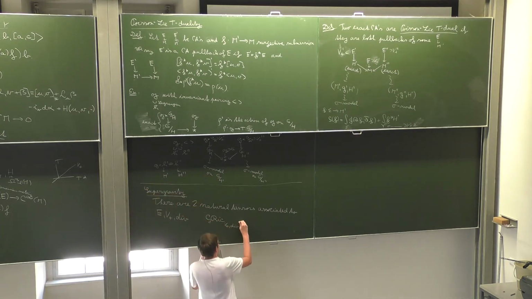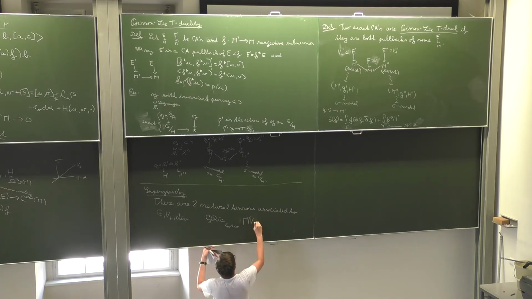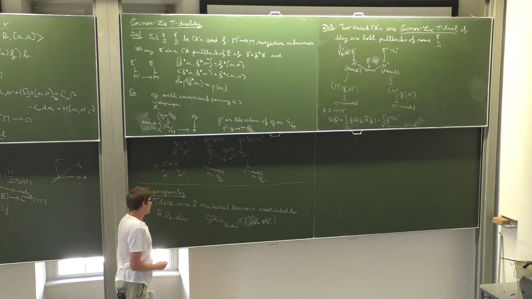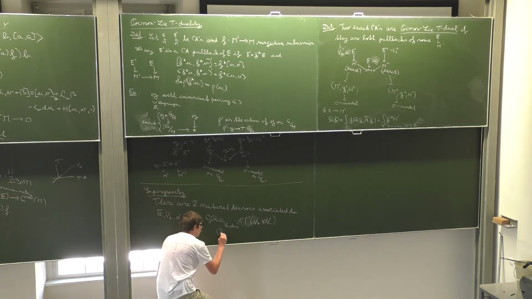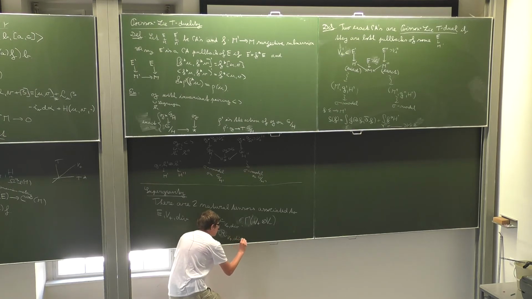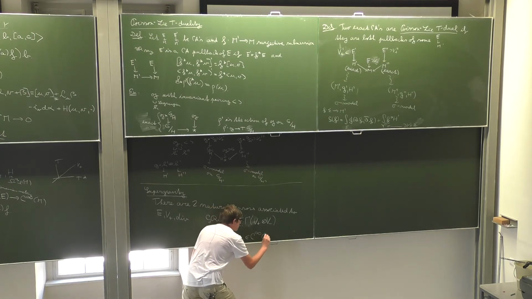This is a vector bundle map, or we can say, using the inner product, that this is a section of V plus tensor V minus. So it has two indices. The other one is the generalized scalar curvature, which is a function on the base.